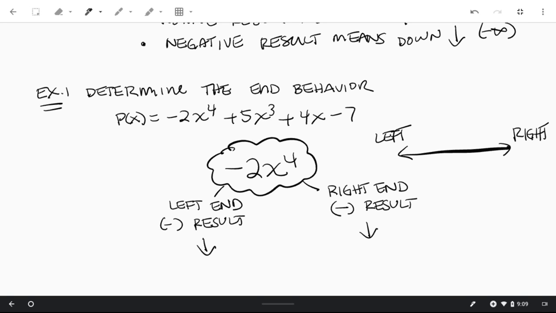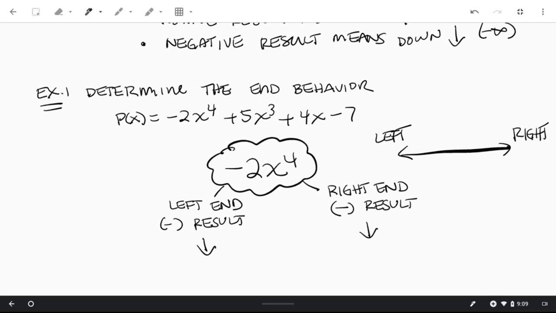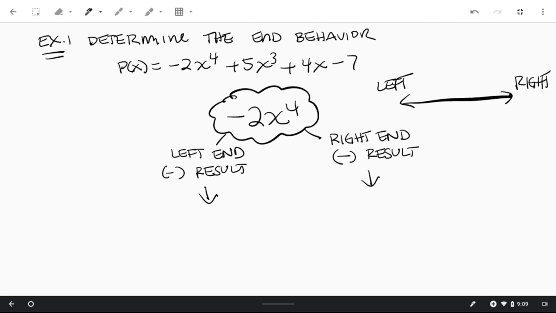The way we write this formally is like this.